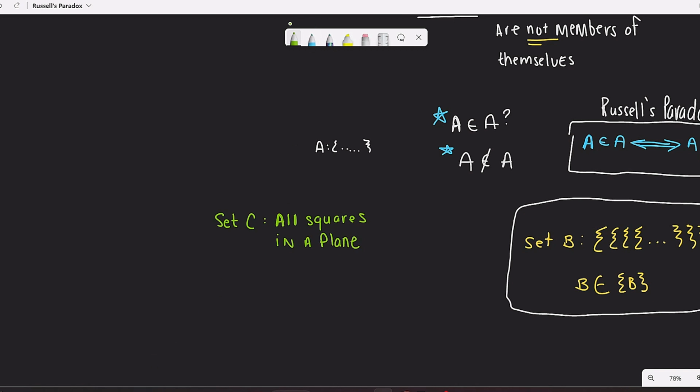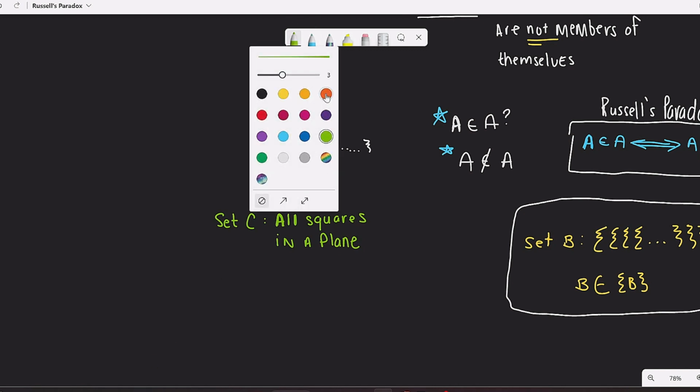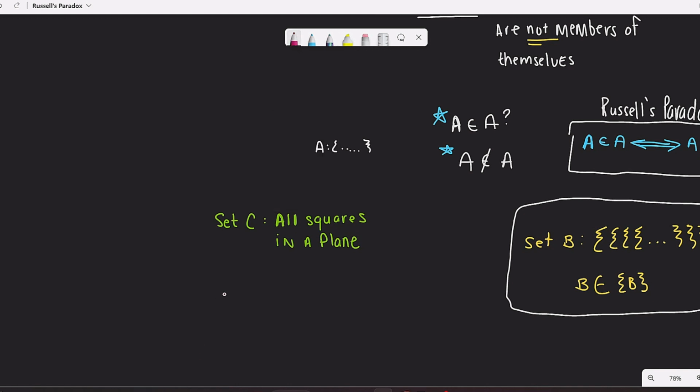And set D is everything else, all things not squares in a plane.